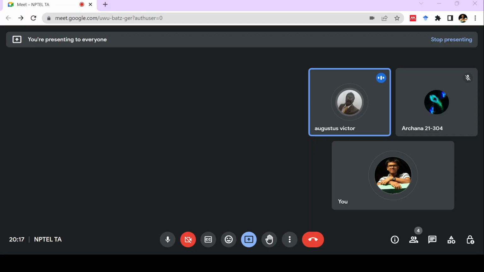L cos theta. So if I put this expression here and separate out theta, yeah, please let me know if there is any difficulty.